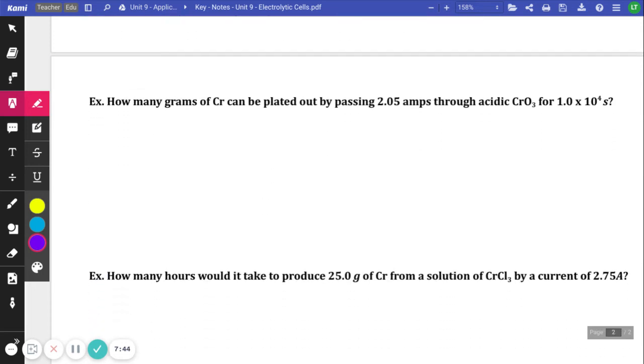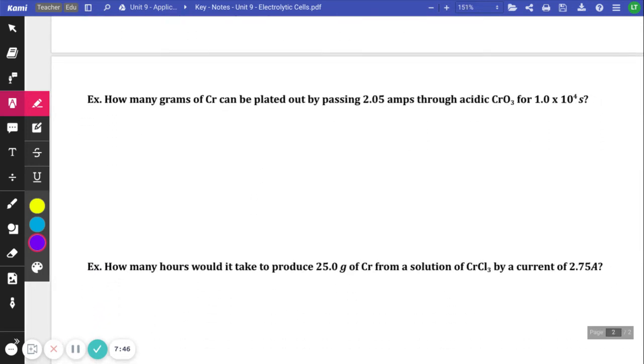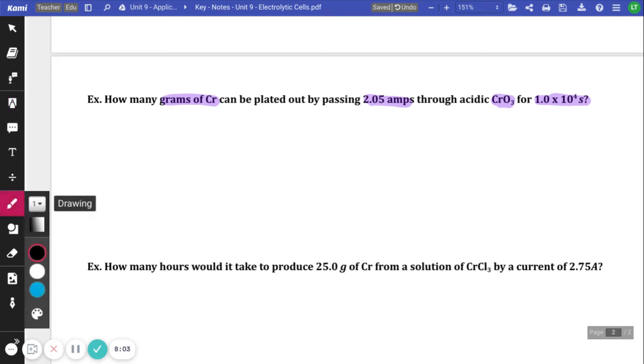All right, so let's look at this first one. It says, how many grams of chromium can be plated by passing 2.05 amps through acidic CrO3 for 1 times 10 to the 4th seconds? The first thing we need to figure out is what our reaction is.